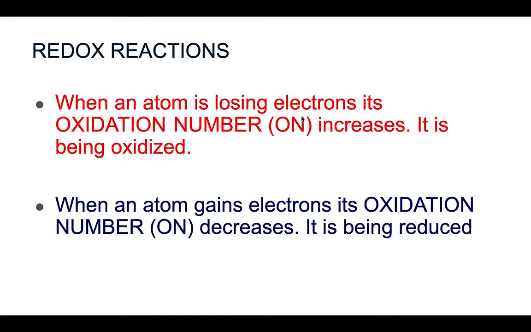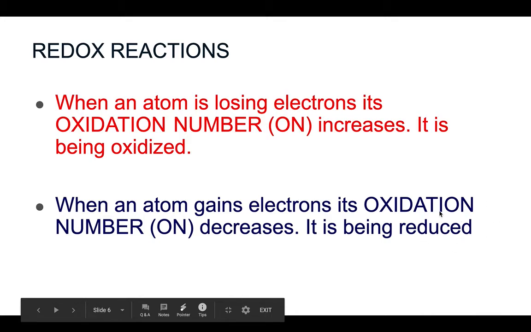Losing electrons was oxidation, so if the oxidation number goes up, that is the atom being oxidized. When an atom is gaining electrons, its oxidation number decreases. Gaining electrons was reduction, so if the oxidation number decreases, that atom is being reduced. Now we can kind of see why this term was picked.